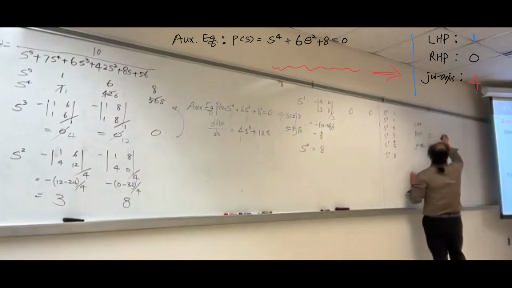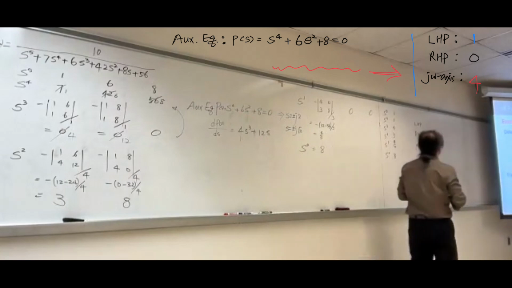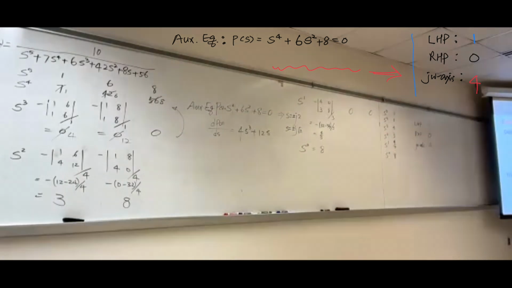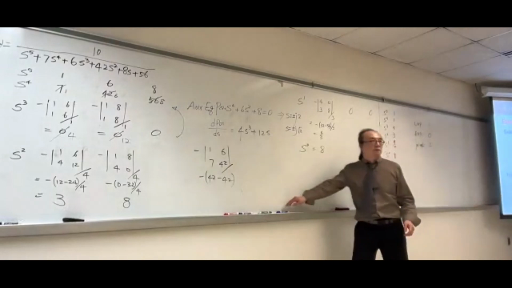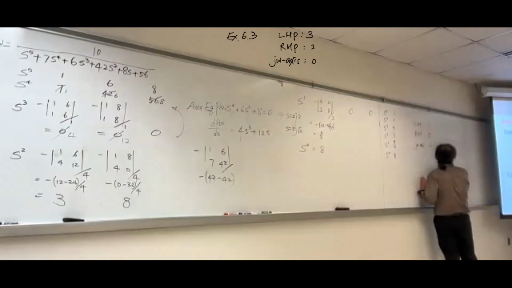Therefore, we have only one left half plane pole. We're going to test for right half plane first, and then check for j omega axis. And then the total number of poles equals the highest power of the polynomial equation. Any other questions?